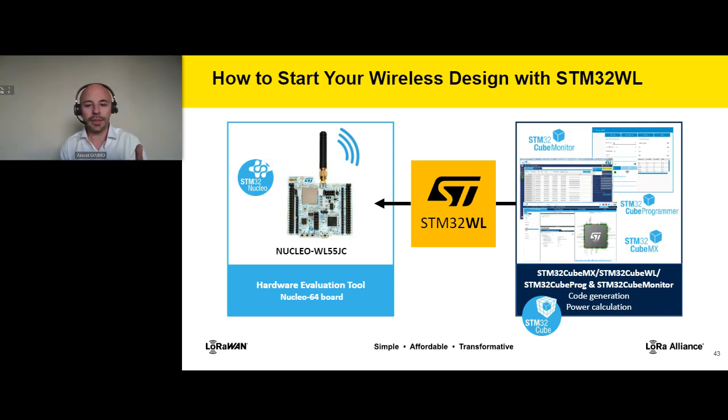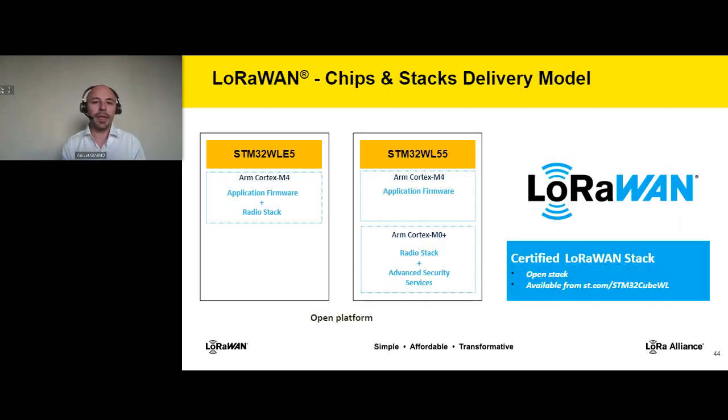On top of that, we have also the software package that includes the LoRaWAN stack. And here you have 2 different flavors. For application requiring high security level, you can leverage the dual architecture of the STM32WL55 and have a hardware isolation between the application firmware and the radio stack, in such a way that the radio stack will not have any impact on the application and the application will not impact the radio stack as well.